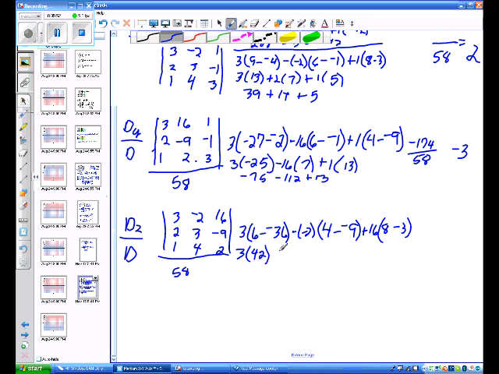So 3 times 42 plus 2 times 13 plus 16 times 5. So we end up 3 times 42 is 126 plus 26 plus 80 would be 232 over 58, which equals 4.